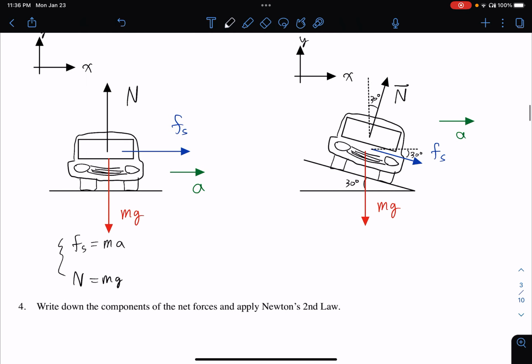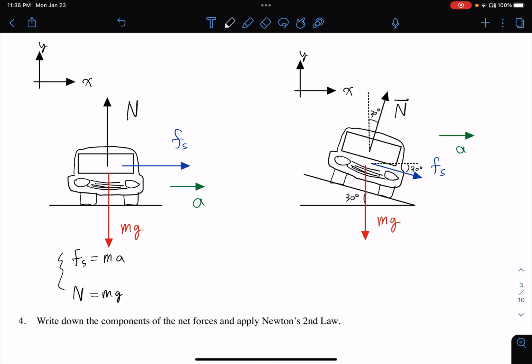So when we look at the vertical component, the y component will be the normal force times cosine 30 degrees, minus the gravity, and plus the frictional force times the sine of 30 degrees, equals 0 because the car is not going to fly up or go down.